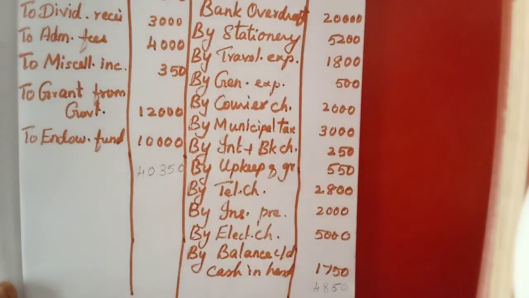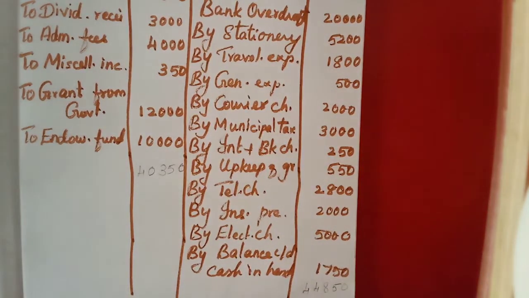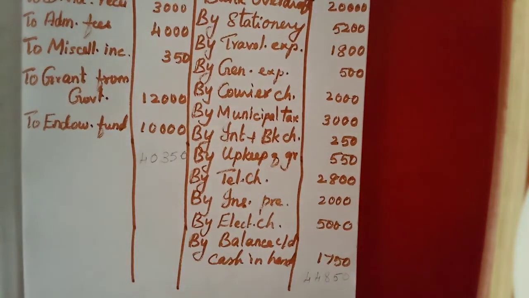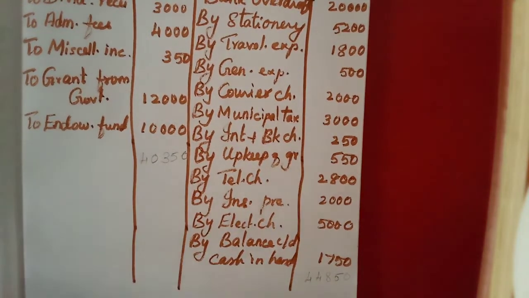Balance 2 plus 2, 4. So 44,850. Here only we get the larger total, so we should write that amount, 44,850.